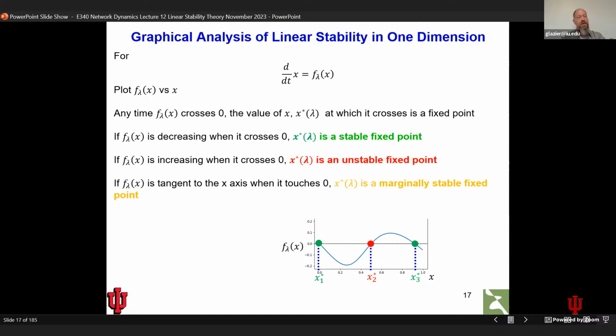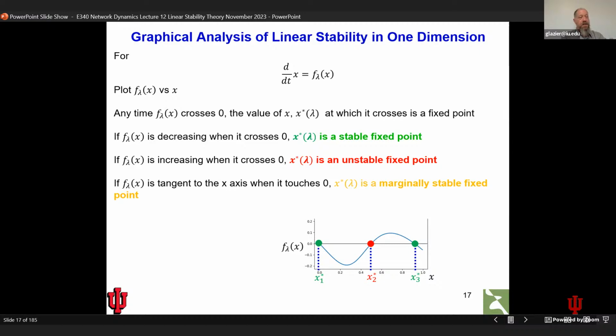So I have two stable fixed points and an unstable fixed point. If f of x is continuous and differentiable, you'll notice that the fixed points are going to have to come in pairs. Because I couldn't have two consecutive stable fixed points, because I can't go down and cross 0 twice without going up again.